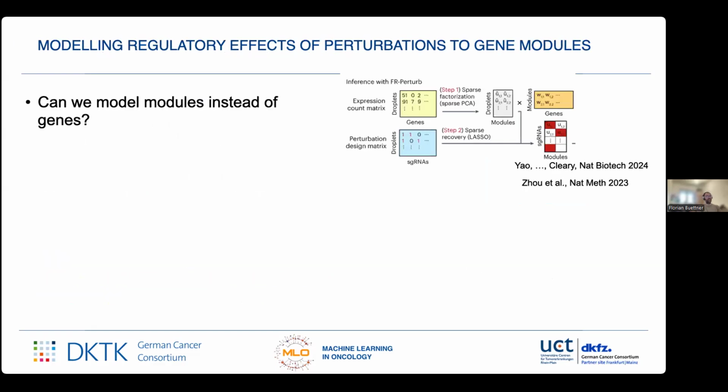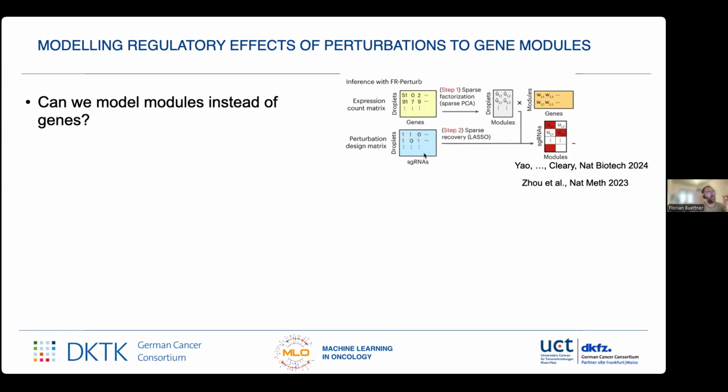Other people have thought about this and suggested, well, let's work with latent factors and perform a latent variable model. Maybe in the easiest case, we take the expression count matrix and perform a PCA, and then we have our latent factors, our principal components here, and we have our cells here. Then, in a second step, we can fit a regression model and link our perturbation design matrix to the principal components.